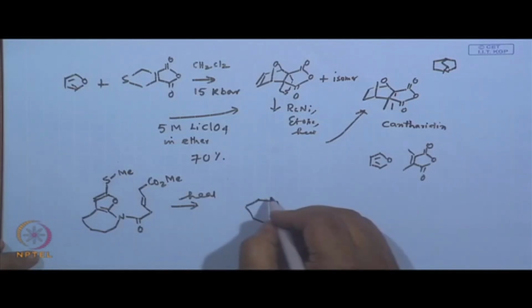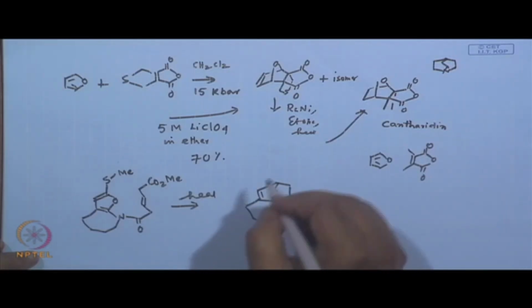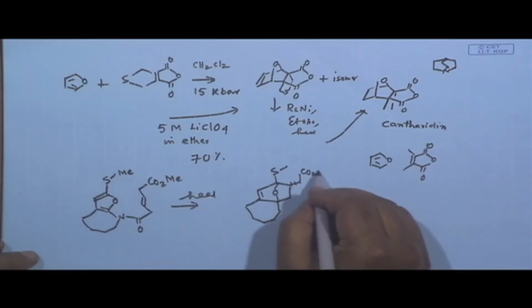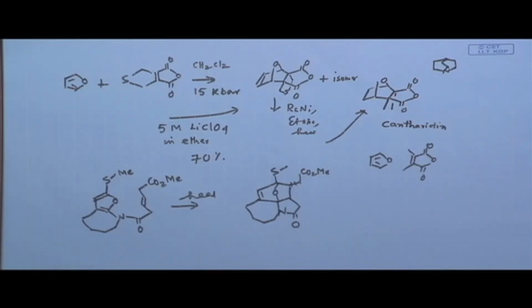So, 7 membered ring, and then you get a 6 membered ring, double bond, this furan, SMe, and then the acetate unit, and then you have this nitrogen up here. So, you have this. Okay, then you can go on.